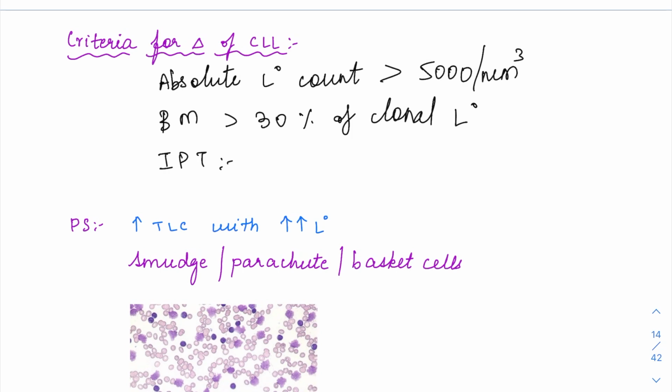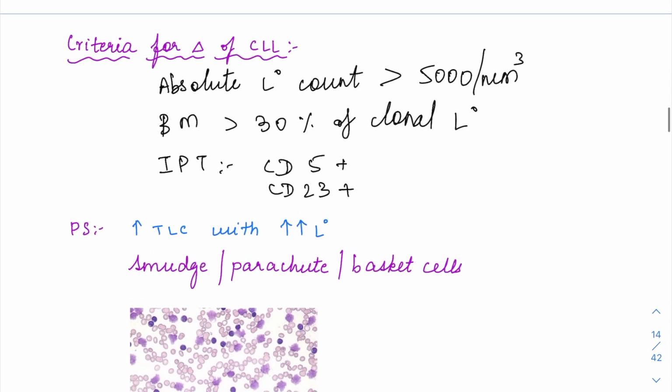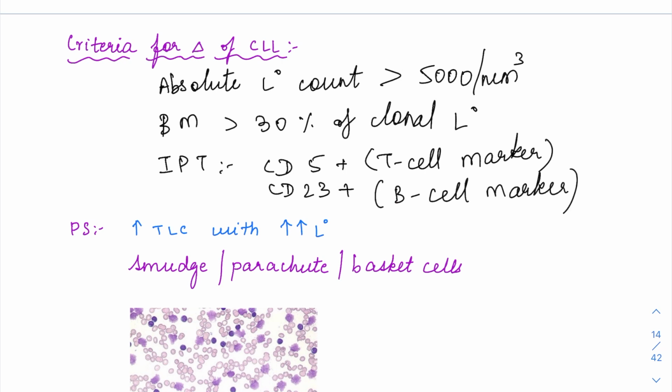Apart from that, the characteristic immunophenotype of CLL cells is CD5 positivity along with CD23 positivity. If you remember, CD5 was actually a T cell marker, right? And CD23 was a B cell marker. So co-positivity of both this B cell and T cell marker is characteristic of CLL.